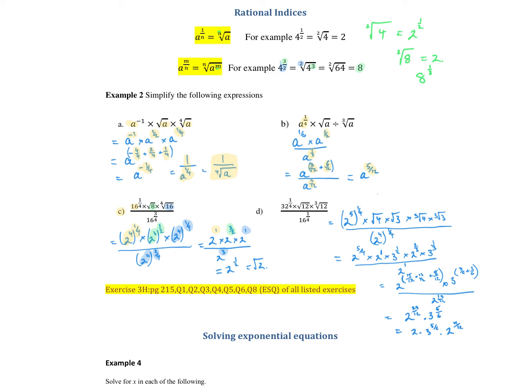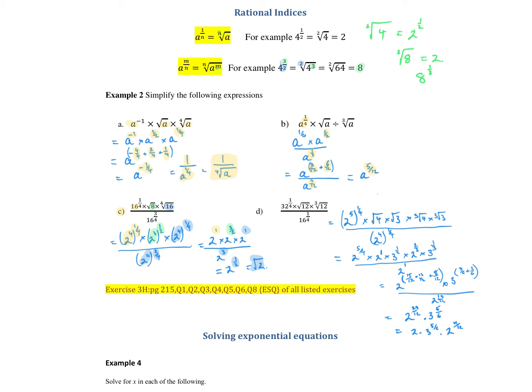So you can see there on the right hand side, all of my numbers have got a base 2, so I can now add and subtract all the indices. So 1 plus 1 plus 3 on 2, well that's 2 plus 1.5, 3.5. 3.5 minus 3 will give me a half left over, so I get 2 to the half, and 2 to the half is the same as the square root of 2.